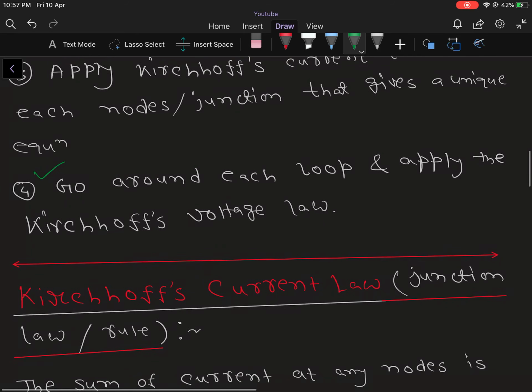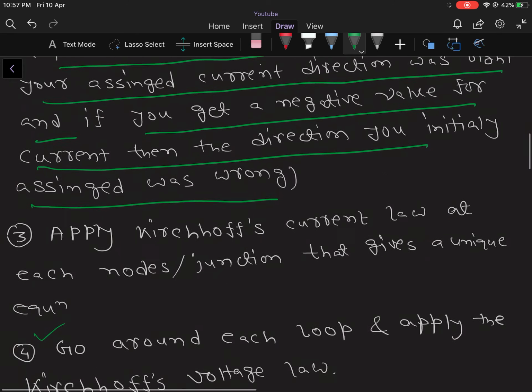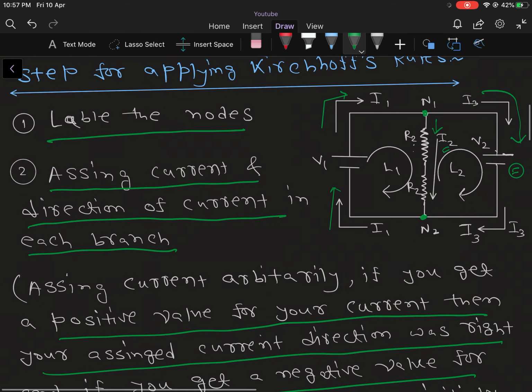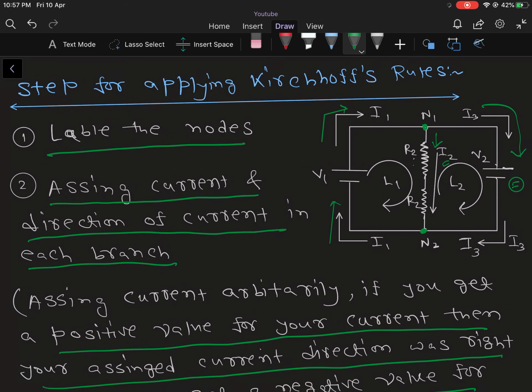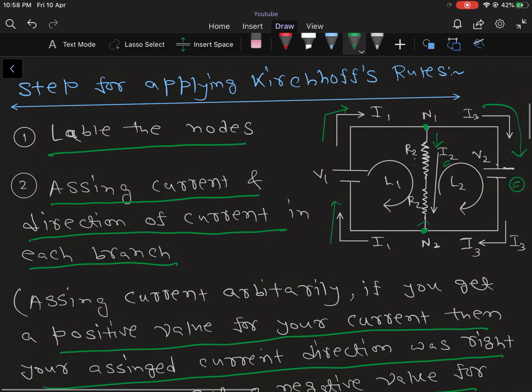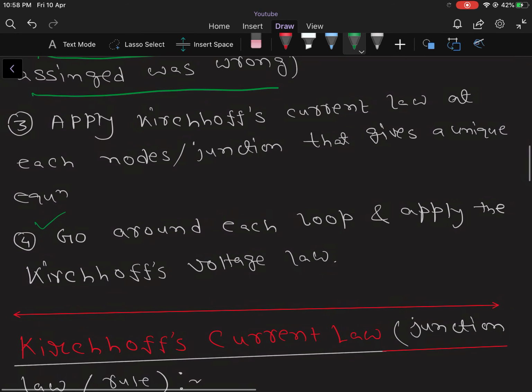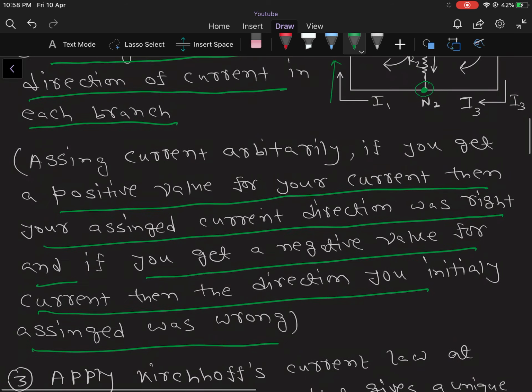Then step number 4 is to go around each loop and apply the Kirchhoff voltage law. So in step 3 we apply Kirchhoff current law at each junction. Here at N1 and N2 we will apply Kirchhoff current law, and then in the fourth step, go around each loop and apply Kirchhoff voltage law.